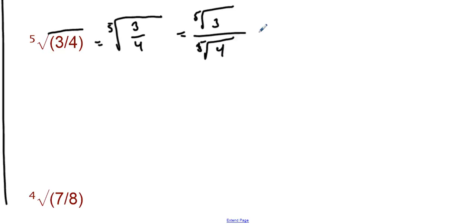So now, from here, we want to get the fifth root out of the 4. In order to do that, we want to create something to the fifth power. So we're going to simplify this again. What I would do is take 4.